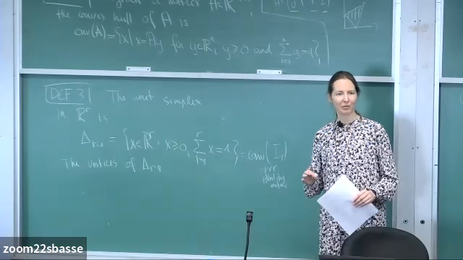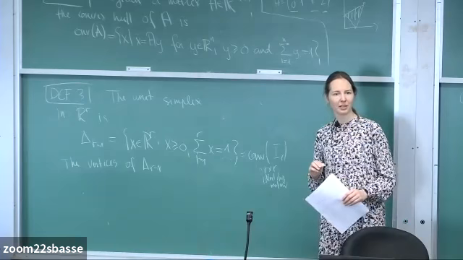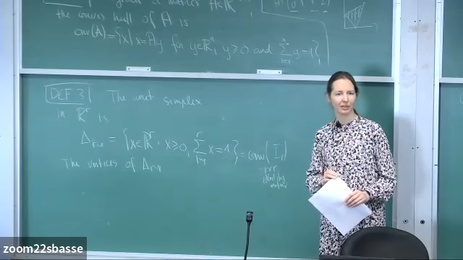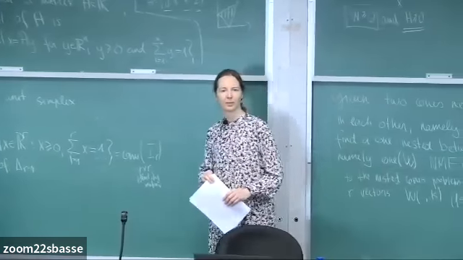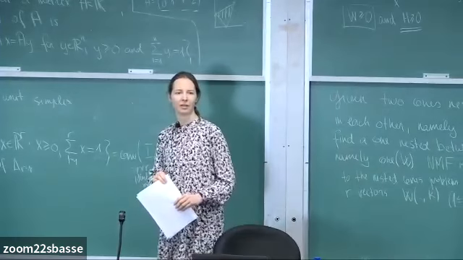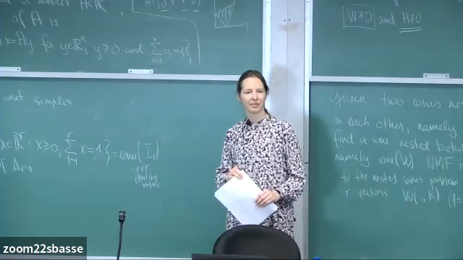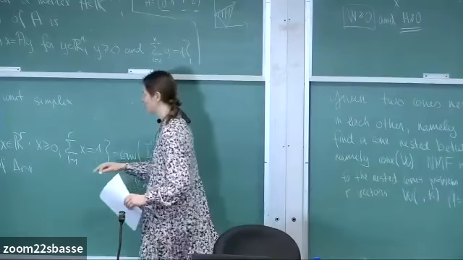Depending on which community you work in, if you work in discrete geometry, you maybe know it as a unit simplex. If you work in statistics or probability, you know it as a probability simplex. Yes, I have a different definition: the unit simplex is basically a simplex from the standard basis, and the probability simplex is the one that comes from this one. So maybe. Yeah.